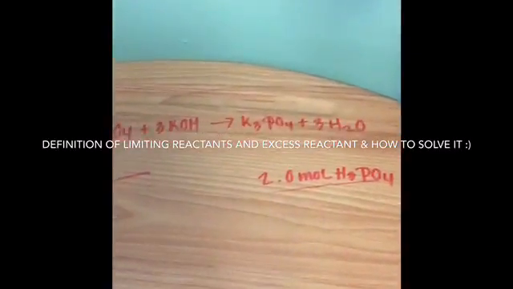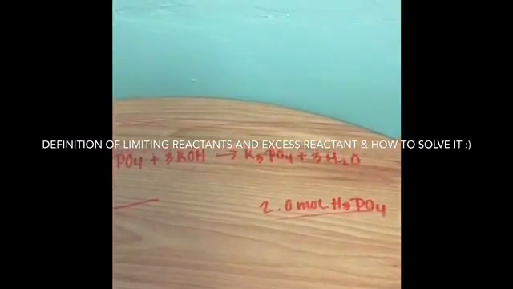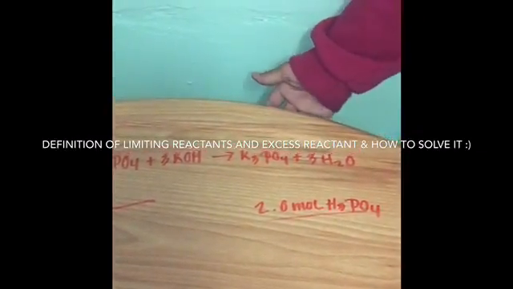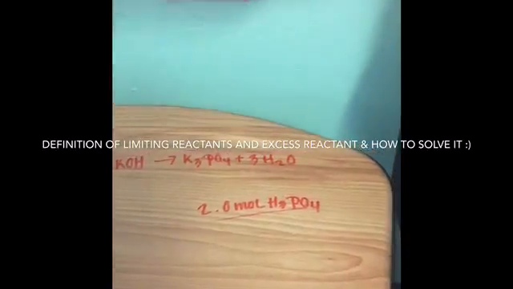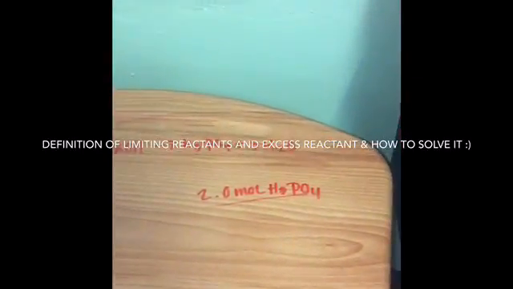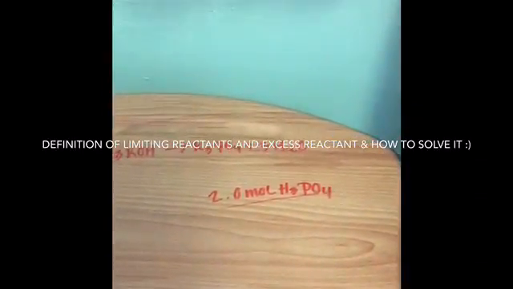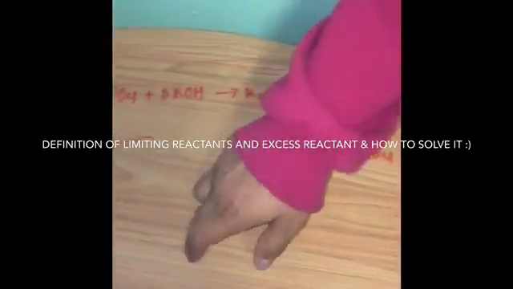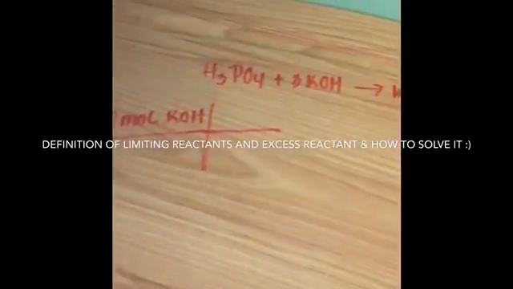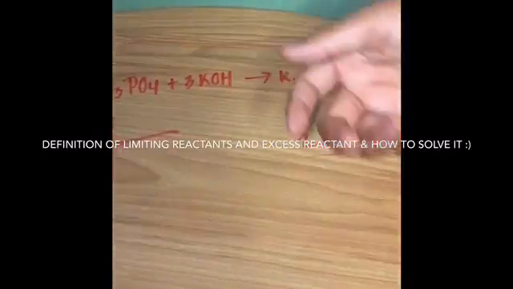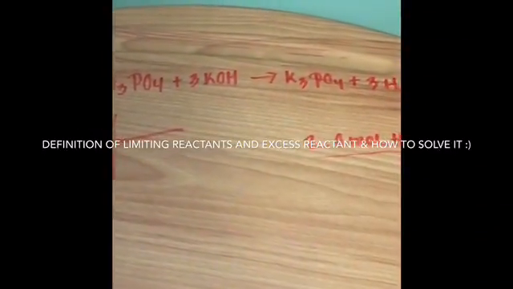After you convert your given amounts into moles, you have to divide the moles by the coefficient, aka the big number. After completing steps 1 through 3, you just act like it's any other equation.